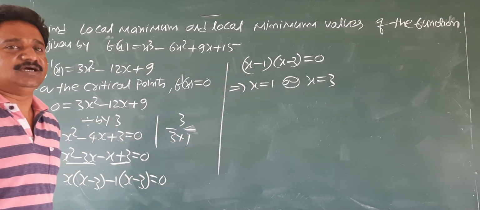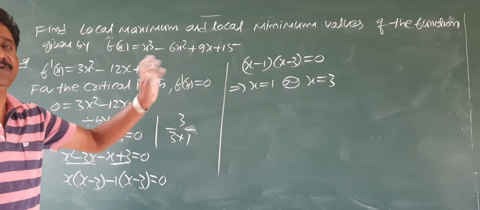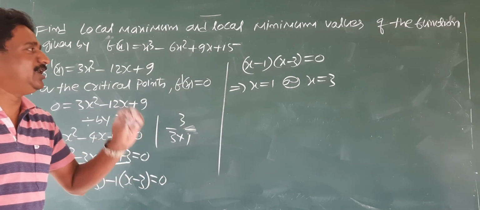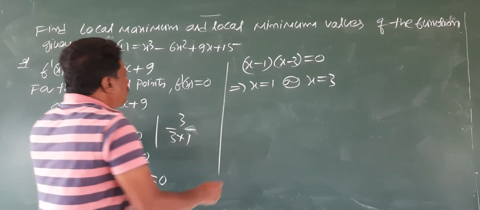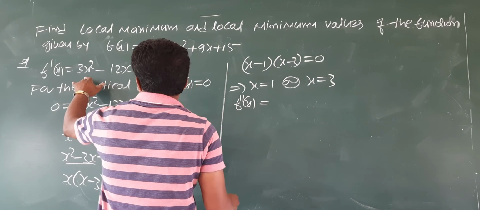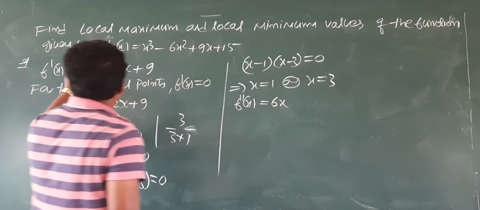Now let us confirm whether these points are maximum or minimum points. For that, you always use f''(x). So f''(x) is 3 2s are 6x.